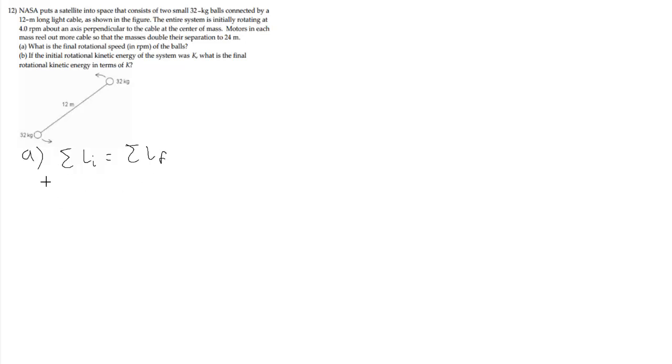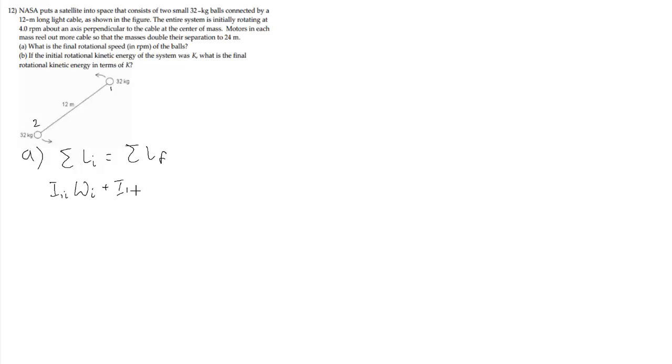So initially we have these two balls, we'll call ball 1 and ball 2. And we've got I1 initial times omega initial. Omega 1 and omega 2 are going to have the same angular velocity, so we don't have to define this as its own.